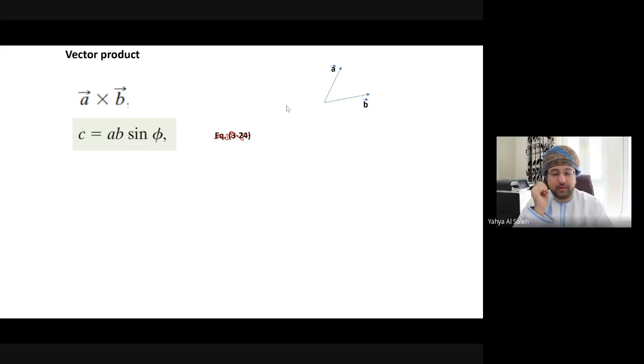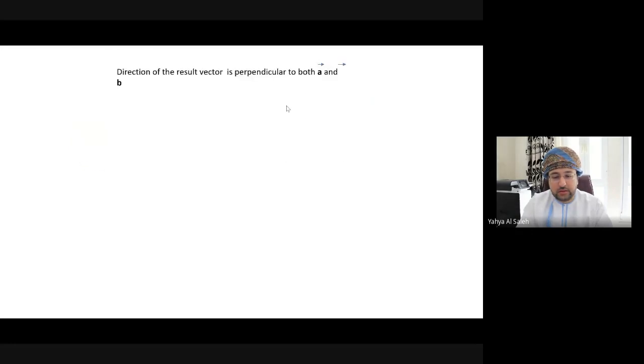Okay, this is going to be its magnitude, so how long it is, if you want, in a graphical representation. And the direction of that vector is going to be perpendicular, i.e. at 90 degrees, to both initial vectors, A and B.